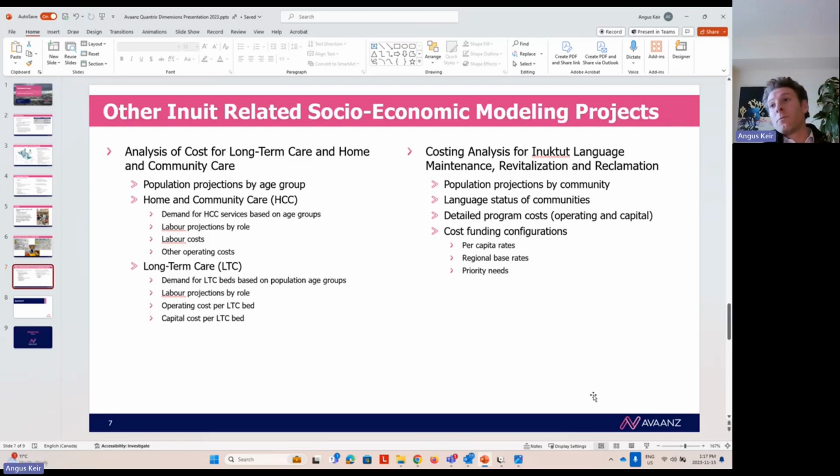From there, once we know the demand, what's the labor component again? So it's very logical in terms of our structure of modeling. The labor component, based on this, is the amount of clinical care each staff member by role would spend on a client of these services. You're going to require this amount of labor based on these ratios.